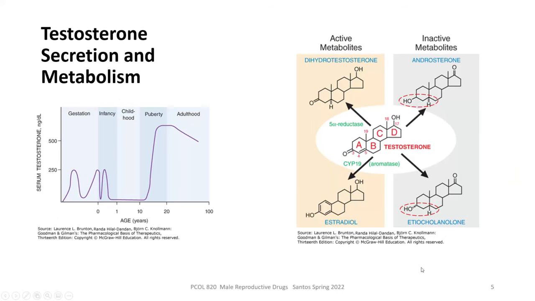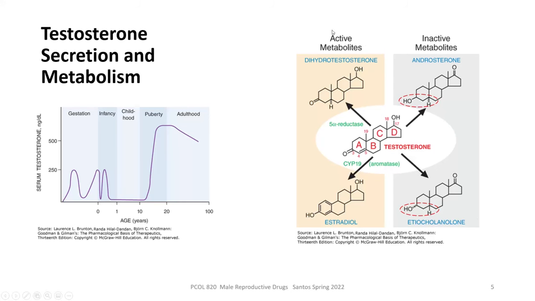So, testosterone secretion and metabolism. Here on the right-hand side, you see the molecule of testosterone, that we just saw how it is synthesized. Once testosterone is released in the body, it can be transformed into inactive or active metabolites. The inactive metabolites are androstenedione and etiocholanolone.